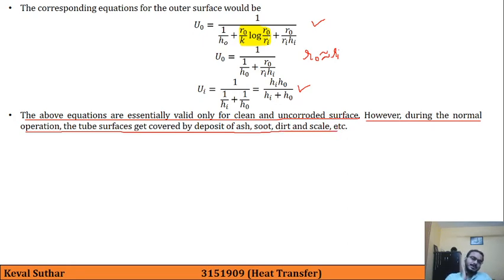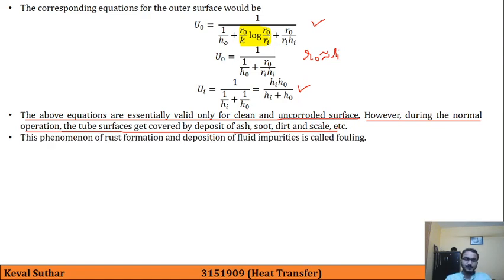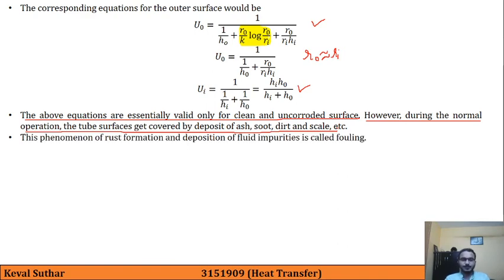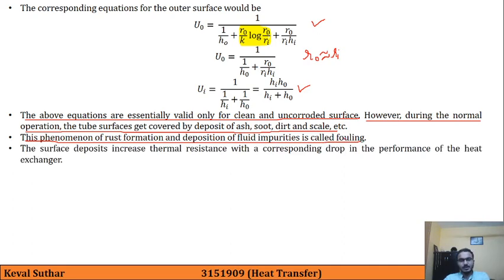This is the reality for which the thermal resistance will increase, and the performance of the heat exchanger will reduce because of this. This phenomenon of rust formation and deposition of fluid impurities is called fouling. These surface deposits increase the thermal resistance with a corresponding drop in the performance of the heat exchanger.